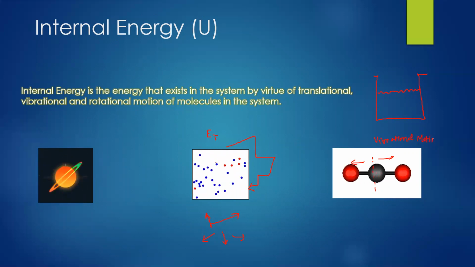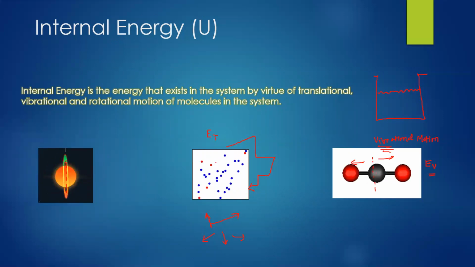The energy present in this molecule because of vibrational motion is going to be EV, that is vibrational energy. And over here you can see the molecules will not just simply vibrate or translate. There is also a possibility that they might rotate.